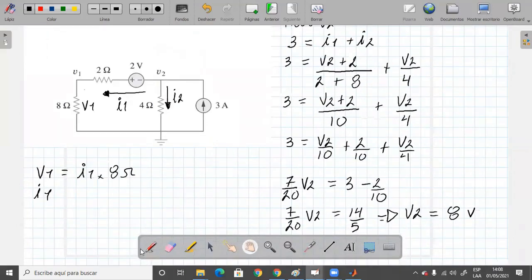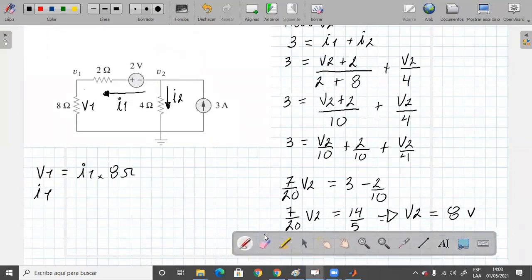So I1 is equal to V2, but V2 is 8 volts, plus 2, over 2 plus 8.